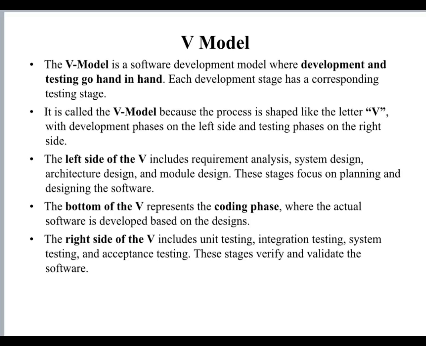The model gets its name, V, from the shape of its structure. The left side of the V represents the development and planning activities, while the right side represents the testing activities. This structure clearly shows how each development phase is verified and validated through a matching testing phase.